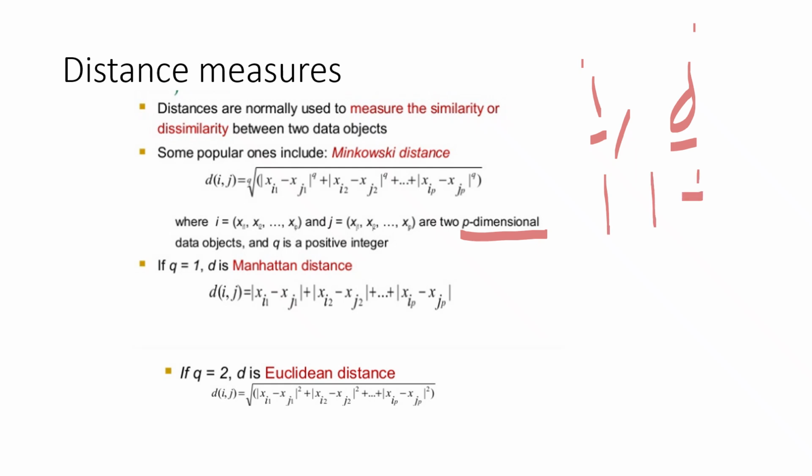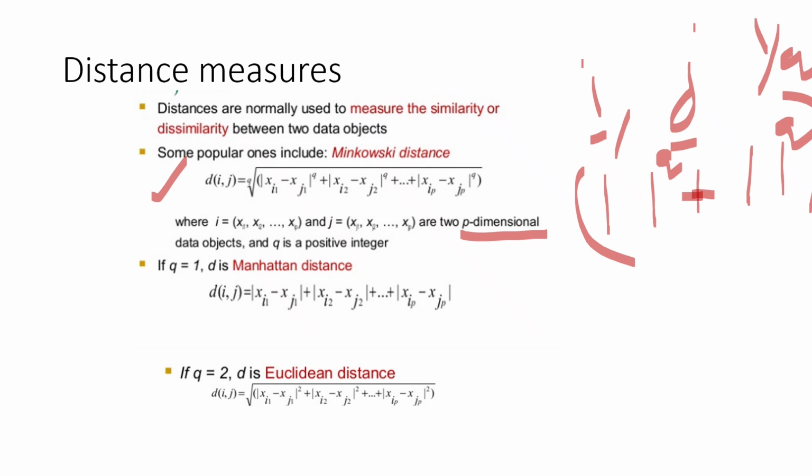Then we calculate for dimension 2, and again calculate the difference. Like that, we calculate the difference for each dimension, and for each one, we have to raise it to the power q. q is nothing but some positive integer, maybe 1, 2, or 3, anything. After finding the difference, we apply the power. After that, we sum it. Then we apply 1 over q as the power. Like that, we calculate the distance.